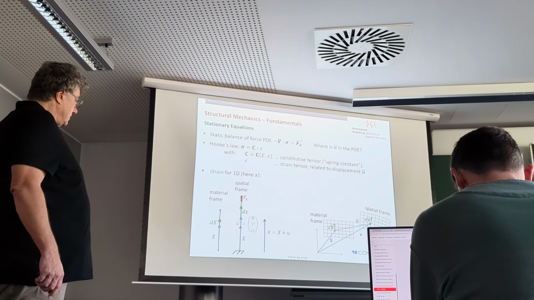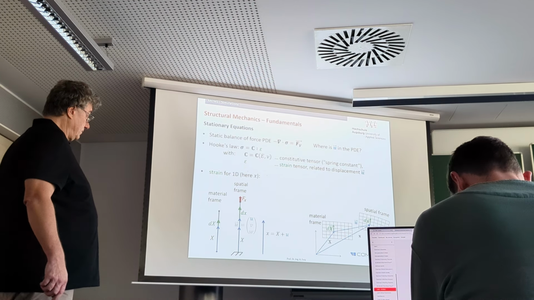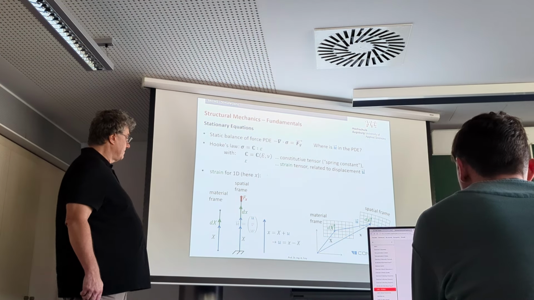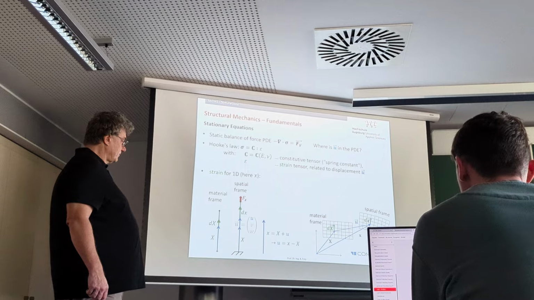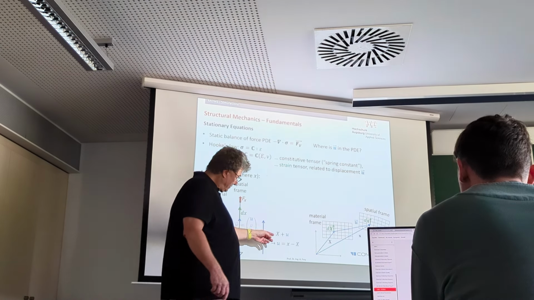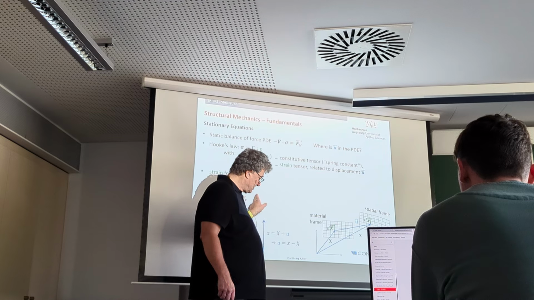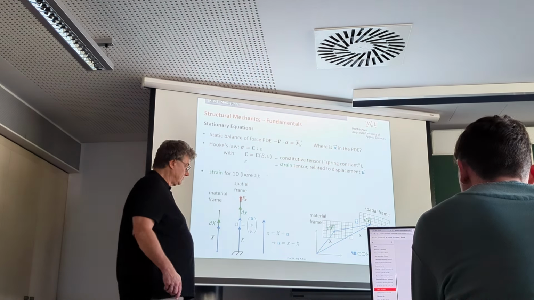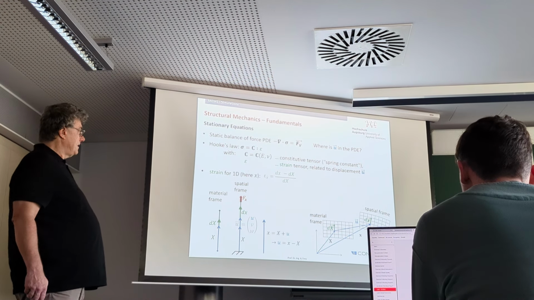So now let's come to our strain object. Before this, I make a little reformulation. Now it's actually similar to what I showed you before. It's obvious, I don't have to say too much about this.